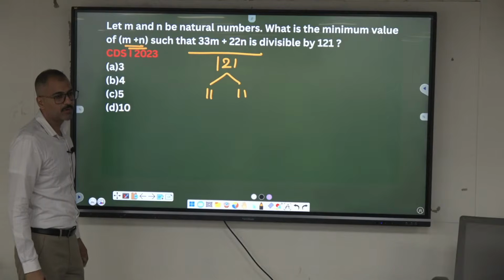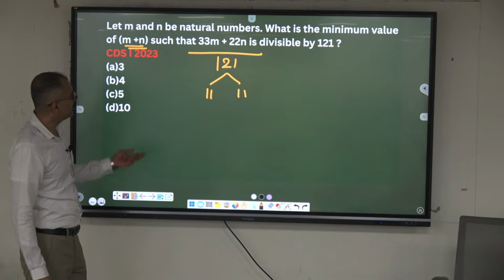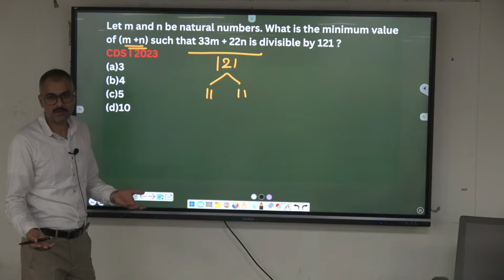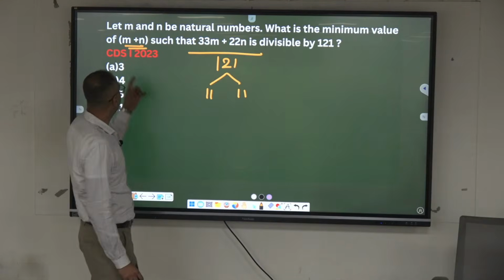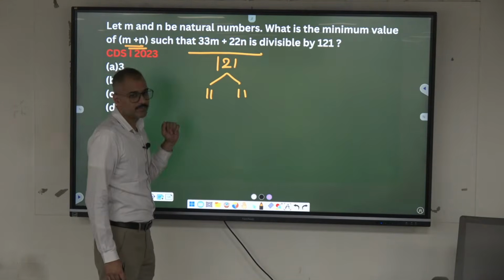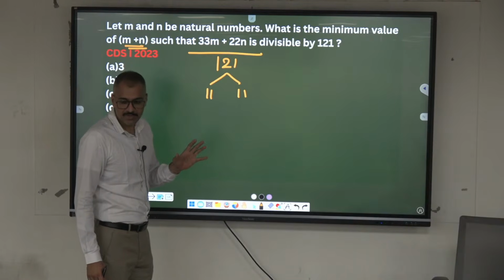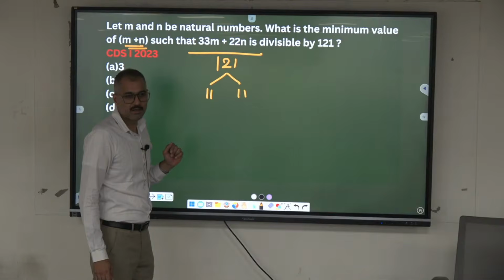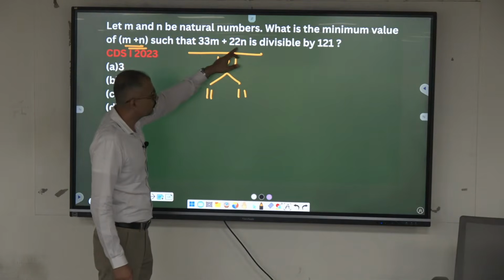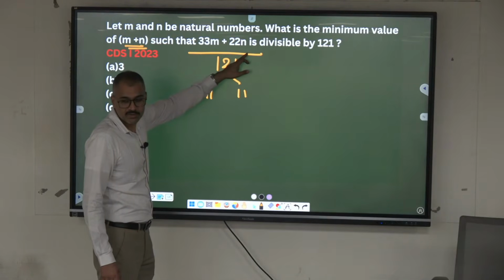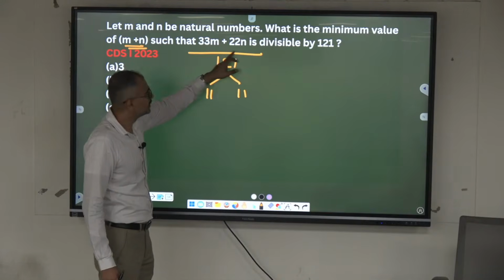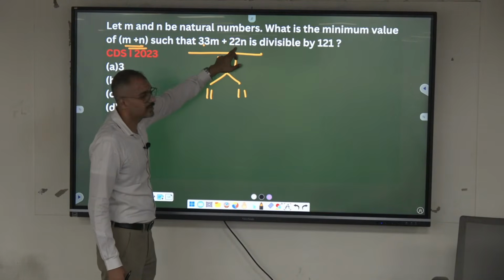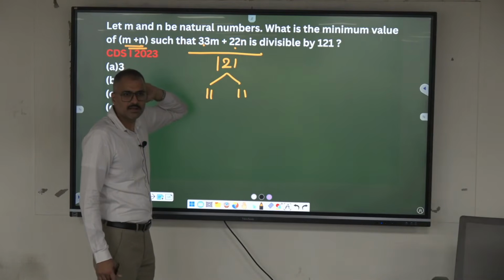Now, to get divided by 121, it has to be at least 121, right? If I put m and n values as 1 and 1, it becomes 55. Not possible. If I put 2 and 2, 33 into 2 is 66, plus 44, not possible.